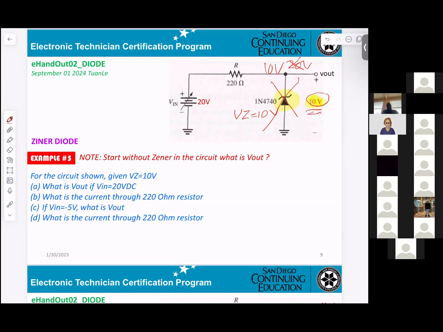But the Zener is regulated for 10, and we don't want a voltage higher than 10. So therefore the output must be 10 volts. It will break down. So if Vin equals 20, the answer will be 10 volt, Zener breakdown.